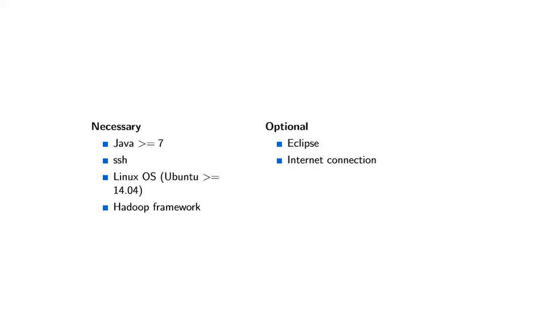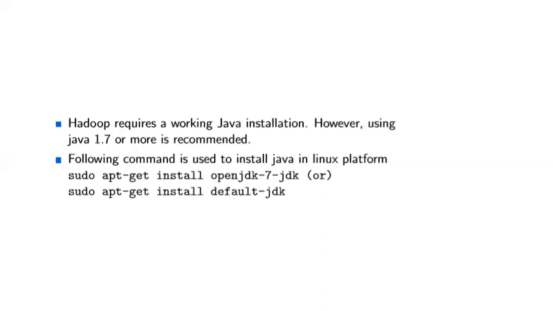In that Ubuntu, we get the Hadoop library files, and to perform application programs, we require Eclipse and an internet connection. First of all, Hadoop requires Java as a basic installation. So before installing Hadoop, we should install Java.